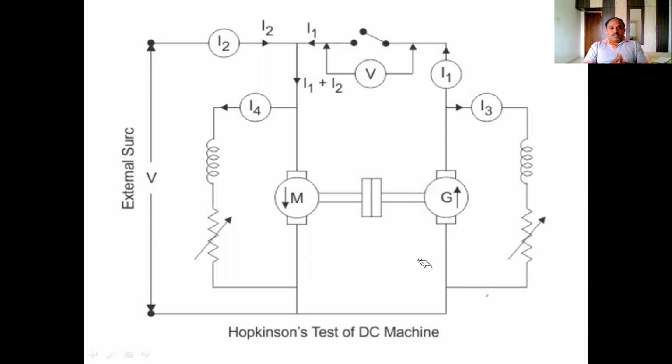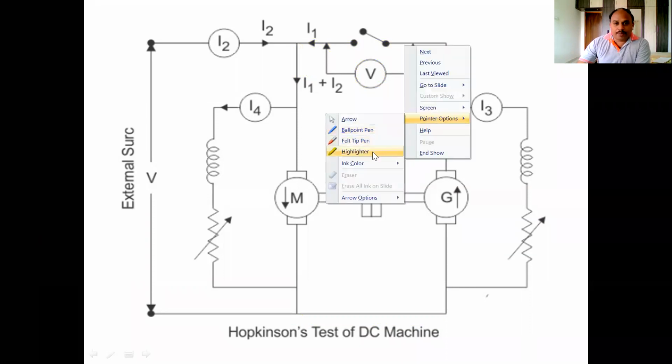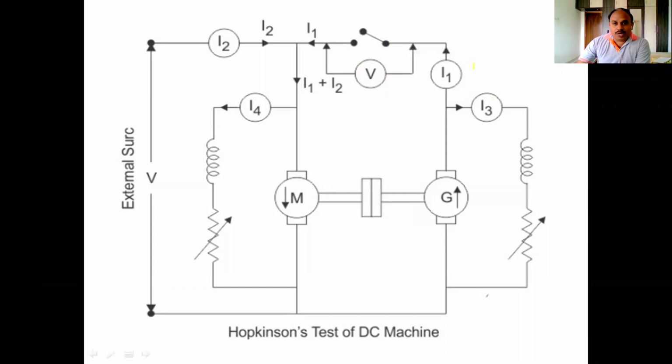In this we have a total of 4 ammeters: ammeter 1, I1; ammeter 2, I2; ammeter 3, I3; ammeter 4, I4.